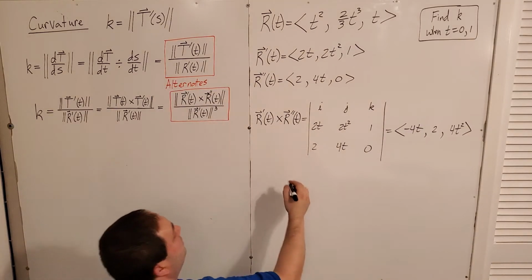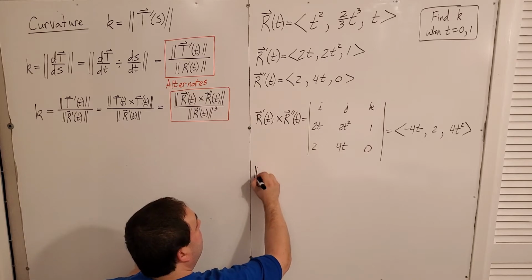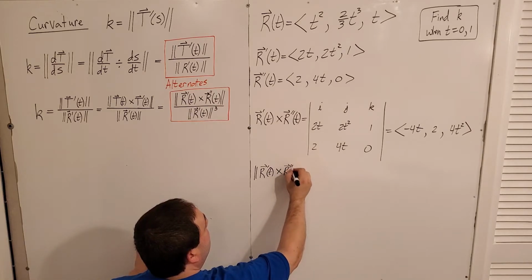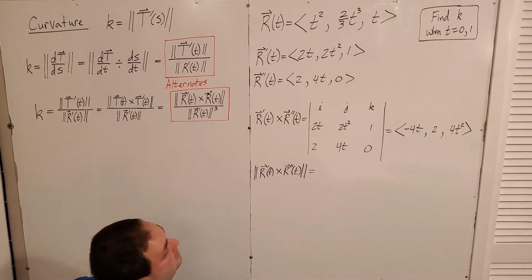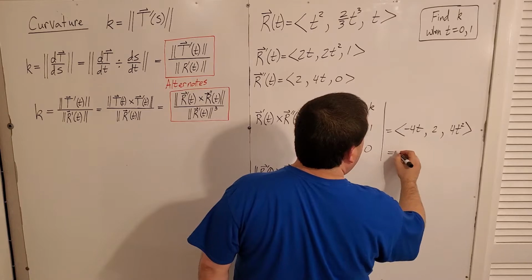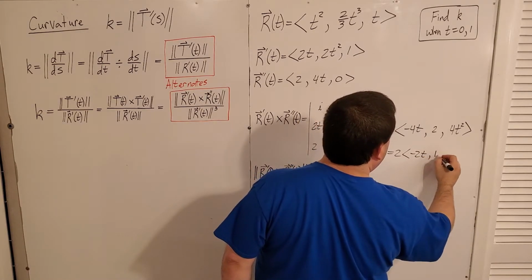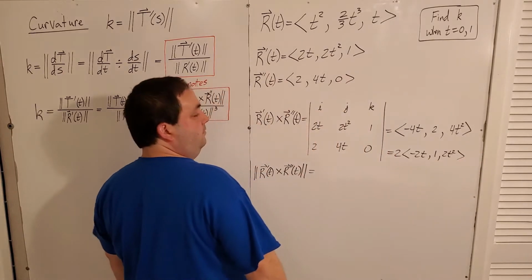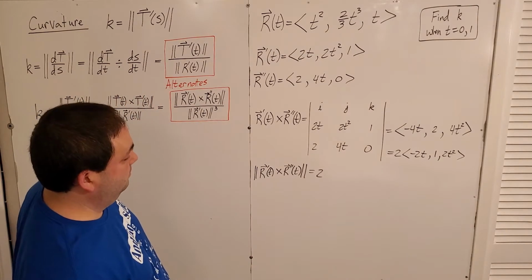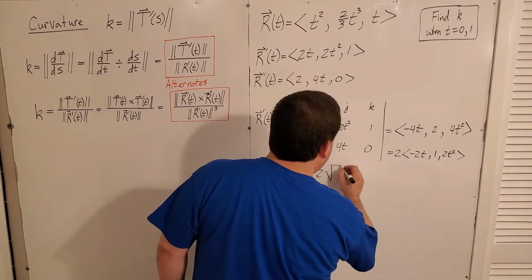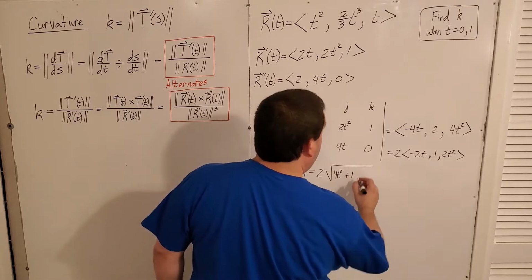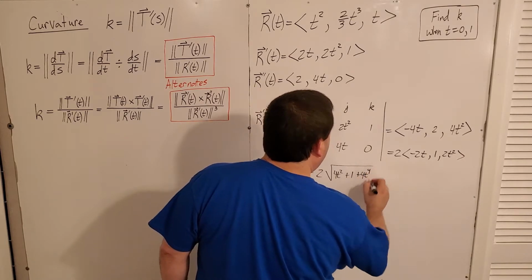All right. So the length of this guy is going to equal, well, let's make it easier on ourselves like we always do, right? I can factor a 2 out, like that, which means I can just bring the 2 in front of my magnitude calculation. So then square root of, I have 4t squared, I've got 1, and I've got 4t to the 4th.